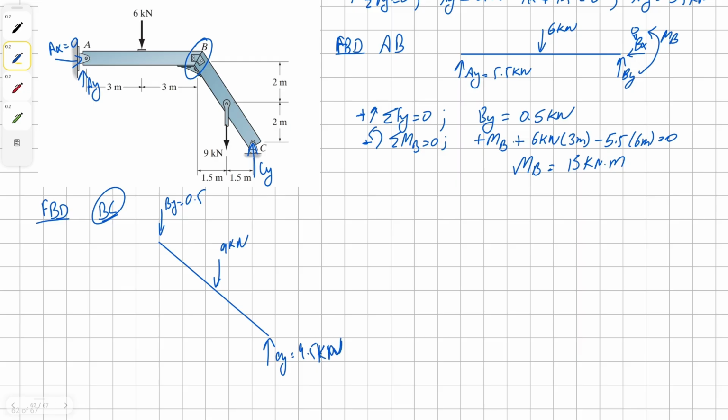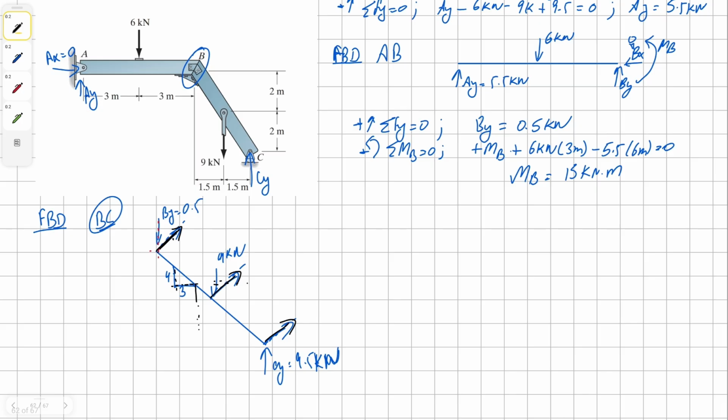Alright, so now we need to convert these loads perpendicular to the member BC, so that we could draw our shear moment diagrams.